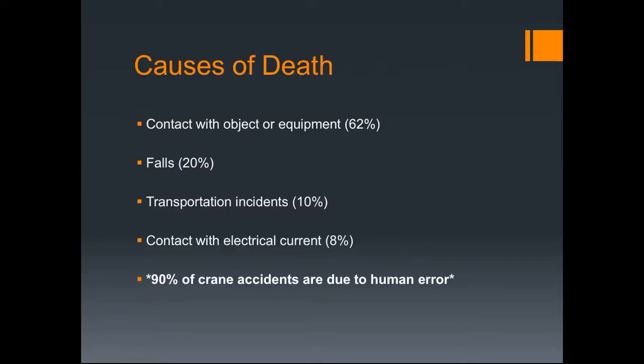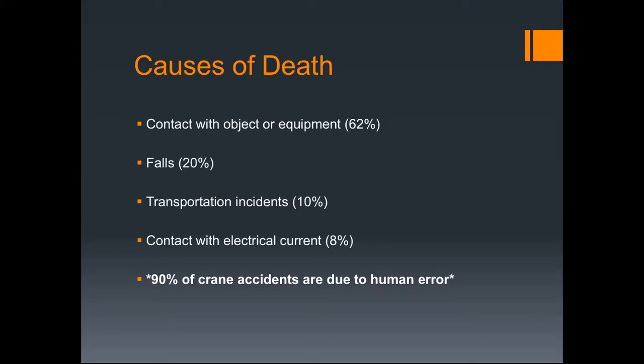Now, causes of death. These are just some facts right here. Contact with an object or equipment, which is basically assembly or disassembly when using a crane, causes 62% of fatalities. Falls, meaning something falling from the object being lifted while lifting or lowering, account for 20%.